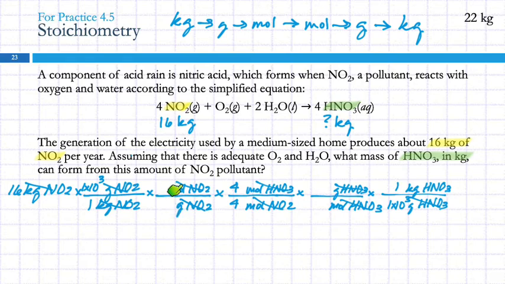We have grams and moles for our 2 different compounds. We have to calculate molar masses again. So NO2 is 14.01 plus 2 times 16, which is 46.01.